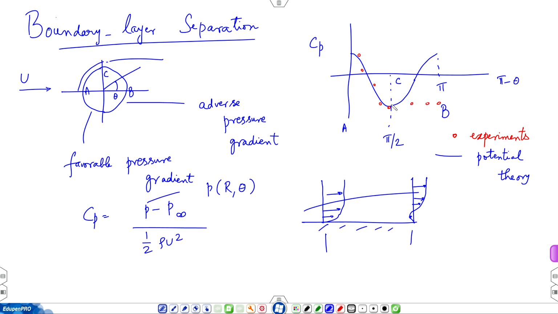So, once you have the real pressure variation, you can find drag acting on the cylinder. You remember this expression.